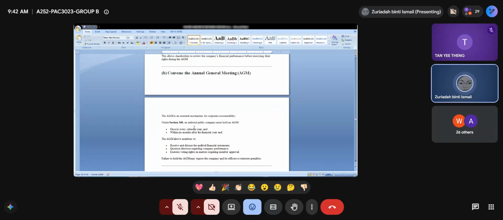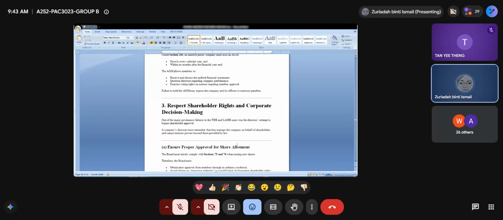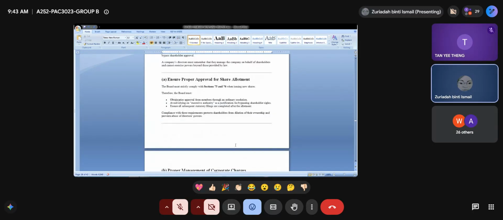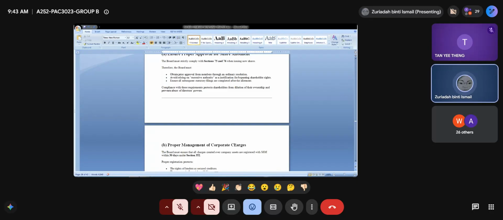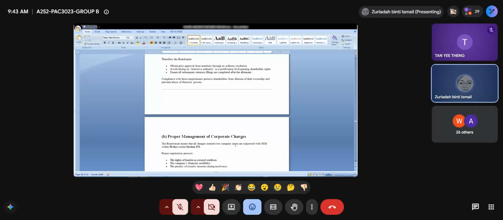This is one of their voting rights. Respect shareholders' rights and corporate decision making. They need to ensure proper approval for shares allotment, share transfer, and also share transmission.